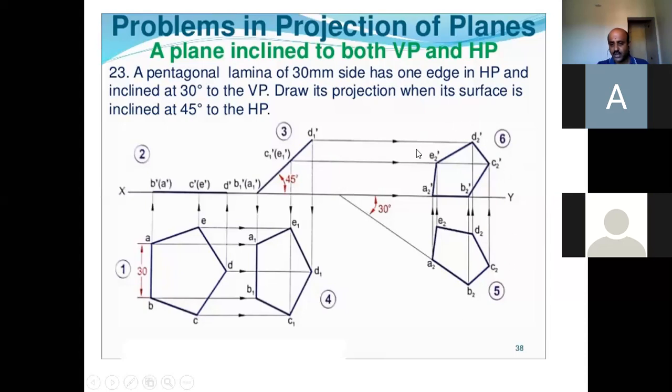So this is actually the front and top view of the lamina, which is resting on HP with one of its edges, such that the surface is inclined at 45 degrees to VP, and the edge on which it rests is inclined 30 degrees to VP.